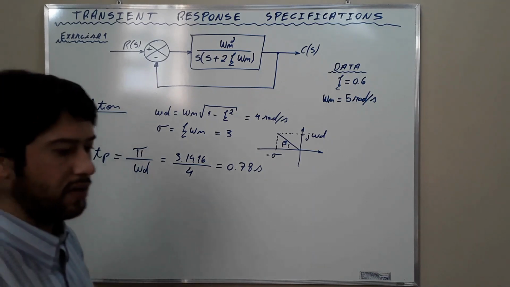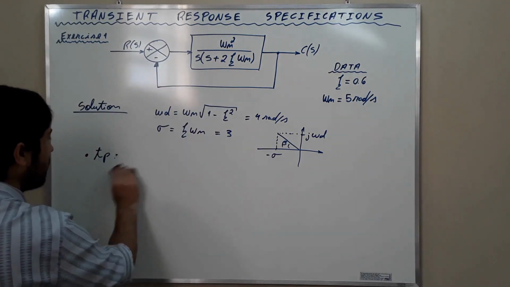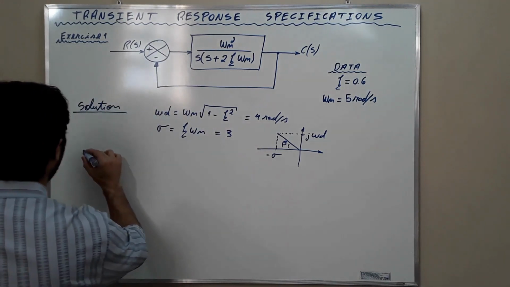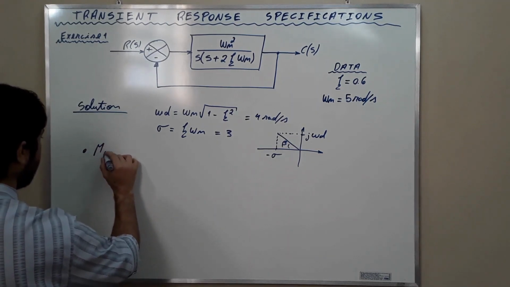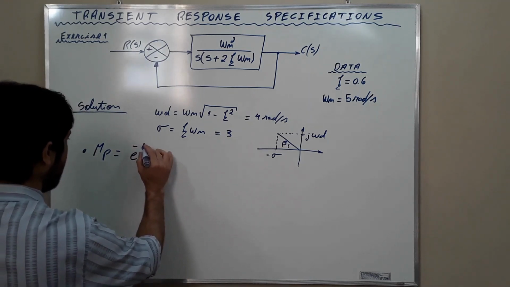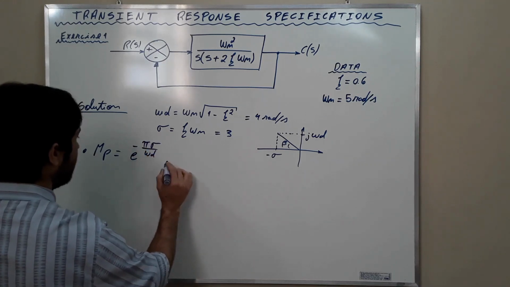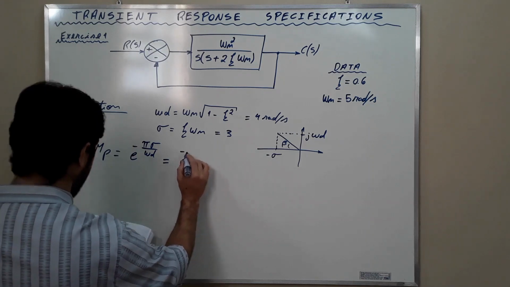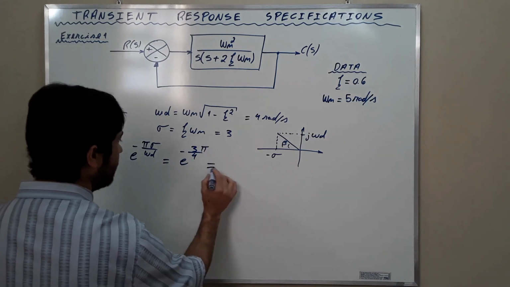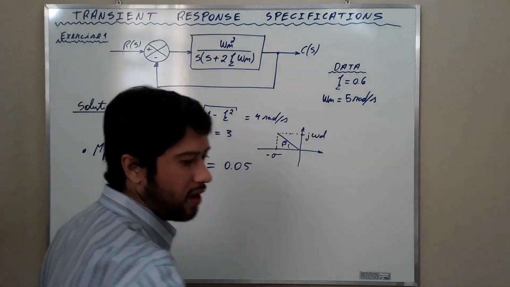Now let's calculate the maximum overshoot. The maximum overshoot, Mp, is equal to e raised to the power of minus pi sigma over Wd, which is e raised to the power of minus 3/4 of pi, which is approximately equal to 0.0995.